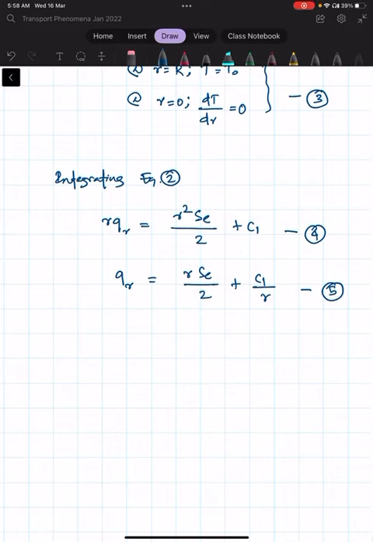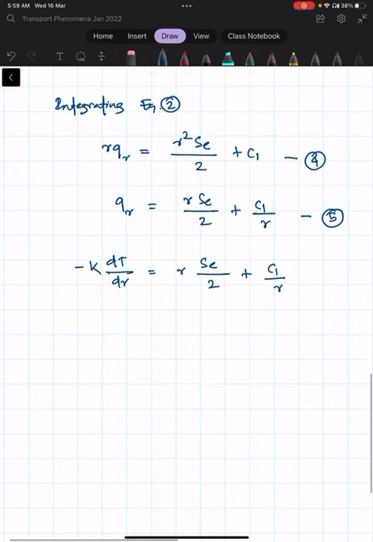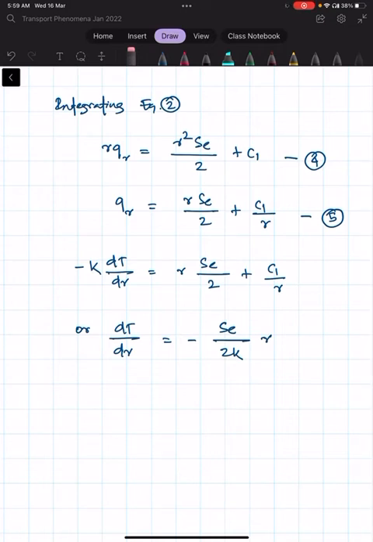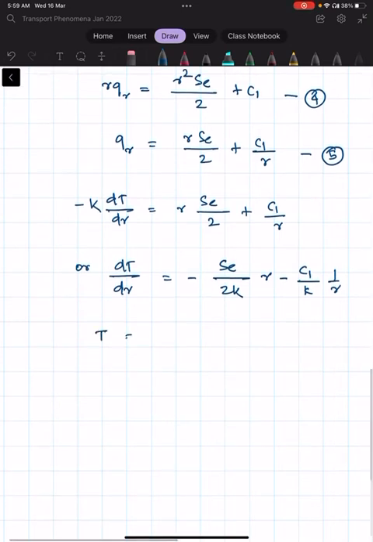Now if we substitute Fourier's law of heat conduction here, we get minus K dT dR equals R SE by 2 plus C1 by R, or dT dR equals minus SE by 2K R minus C1 by K times 1 by R. Now you can obtain an expression for T in terms of C1 and C2.